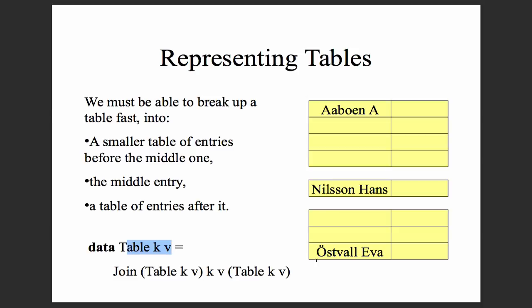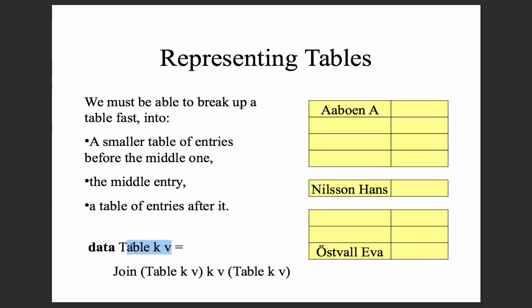And how do we build that thing? Well, it's three components which are joined together. It's a table, that's this one up here. It's a key here and its value, which I've not written in here. And it's another table. So there's four things, in fact, not three: a table, a key, a value, and another table.